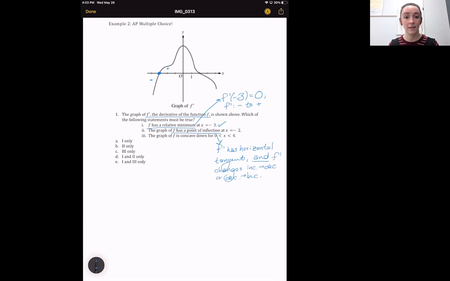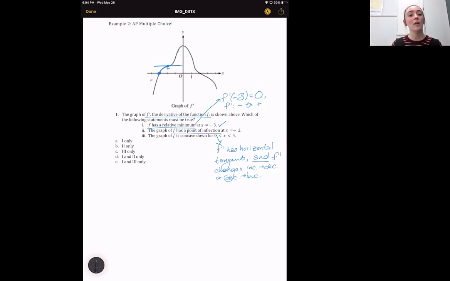Okay, let's see if that's the case. Let's go to x equals -2. Okay, at x equals -2, I would have a horizontal tangent. The slope at that point would in fact be 0. But on the left-hand side of this point, the graph is increasing. And on the right-hand side of this point, x equals -2, the graph is still increasing.